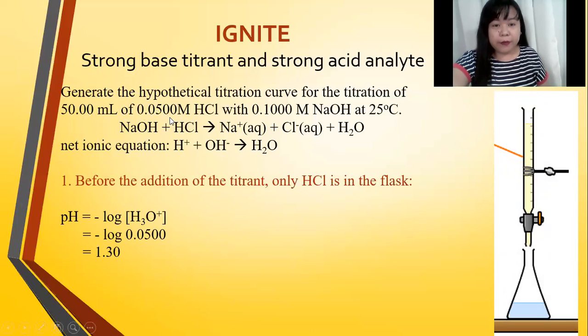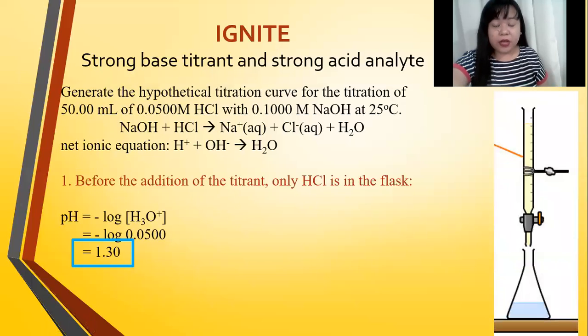We are supposed to report it in 3 significant figures. However, most pH meters are only able to report up to 2 decimal places of the pH. Therefore, the final answer is 1.30.